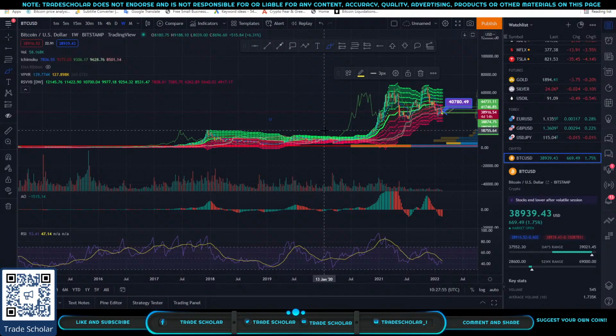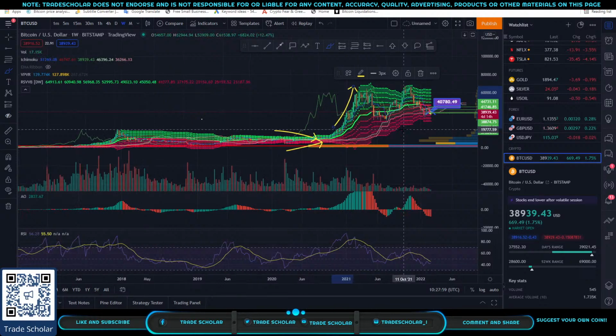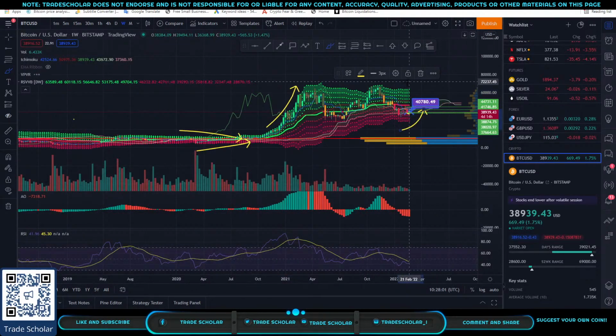So this one is gonna compress and then pump to the upside. Right now we are gonna compress here and then pump to the upside again. We are not yet in that area, so we hope to see that soon. Accumulation and then pump to the upside.